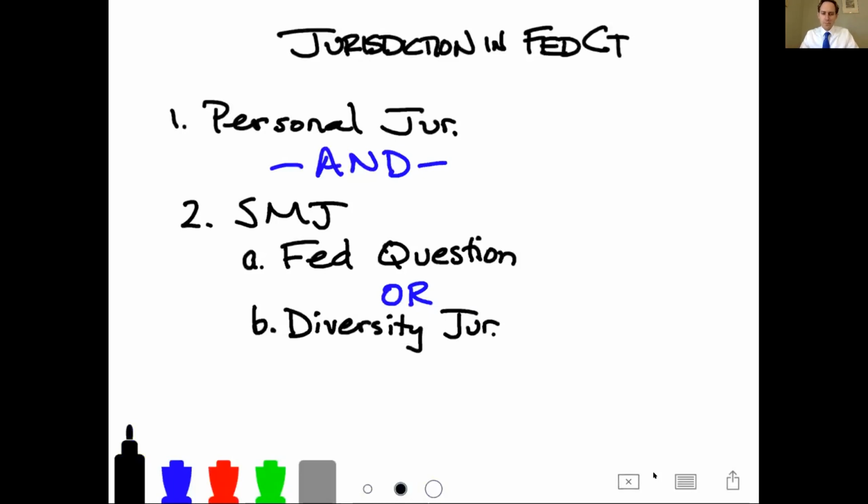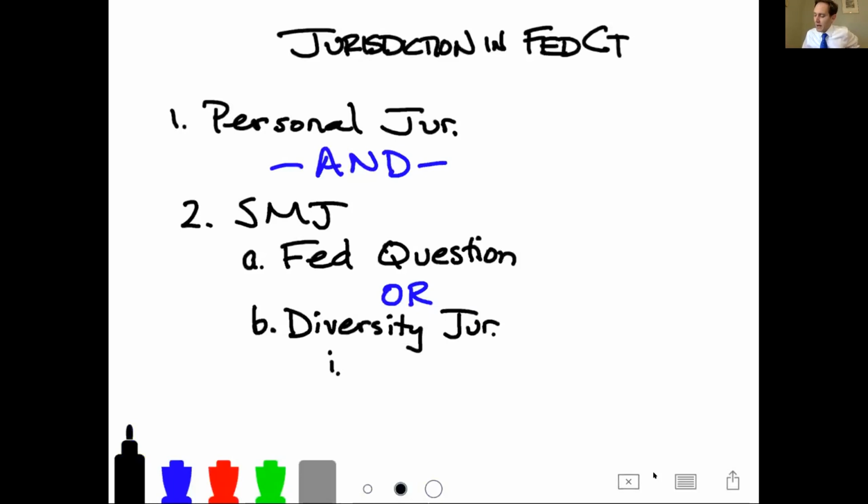Now, this gets a little complicated with businesses because a business can have multiple residences in different states, but let's just keep this simple: 2 different people from 2 different states. That's usually what you're looking for. So here I'm going to write this down.